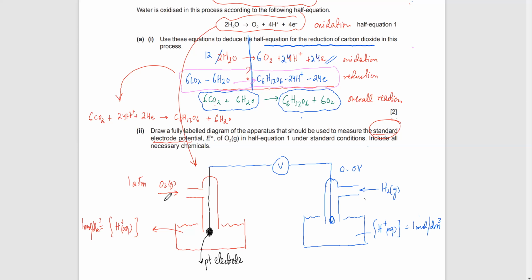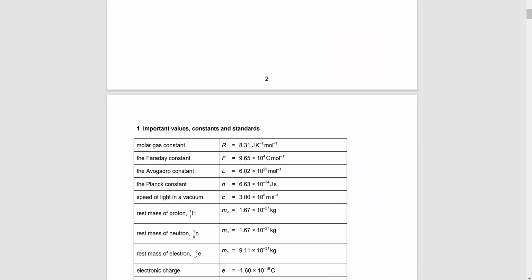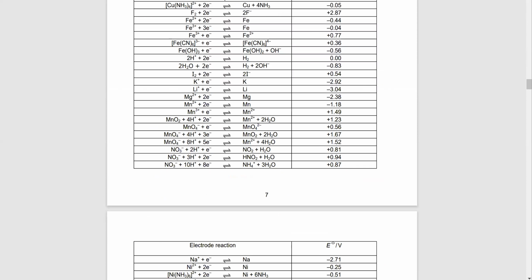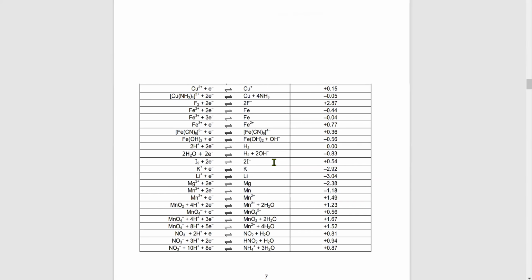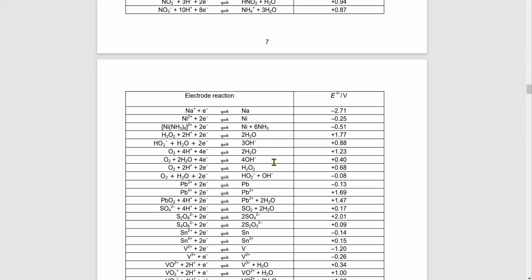This other electrode, we can look in the data booklet: 2 water molecules, oxygen and H plus 1 plus 4 electrons. I think it was water and oxygen in equilibrium. I think it was this one.